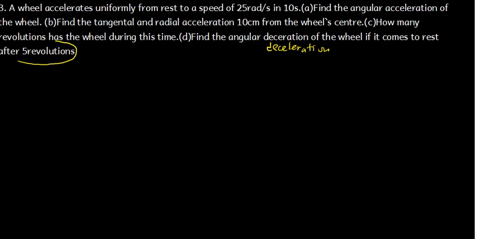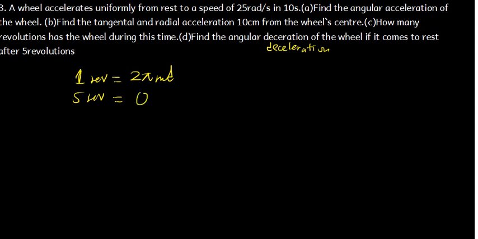So this is the distance it has to cover for it to go to rest. But what is this distance in terms of radians? We know that 1 revolution is equal to 2 pi radians. What of 5 revolutions? How many radians are there?